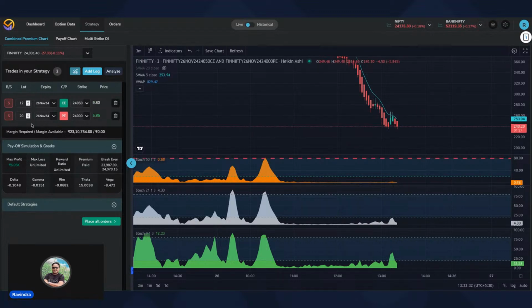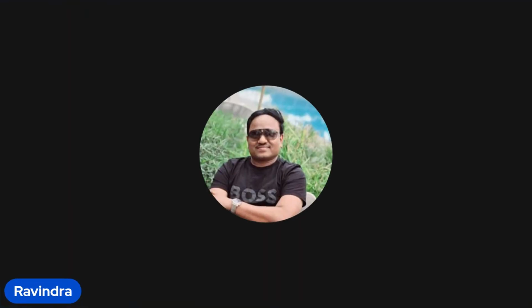On the PE side, we are heavily loaded, about 20,325, and on the CE side, 12,725. That's the reason this shows red here, versus with equal positions it would probably have shown green there. So let me again show the trade flow for now.